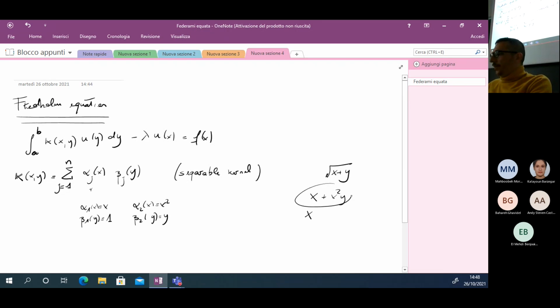So in this case I can separate, and I would have a separable kernel. In the other case I cannot write this thing in this way.